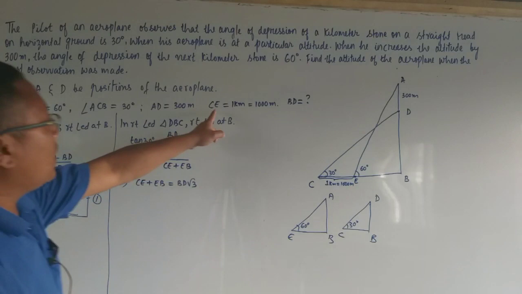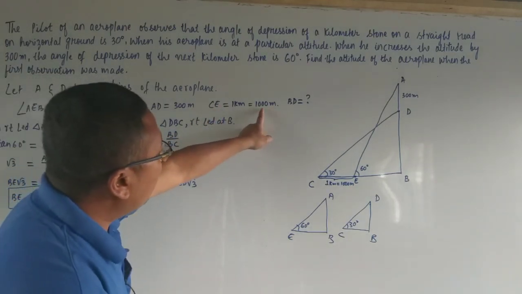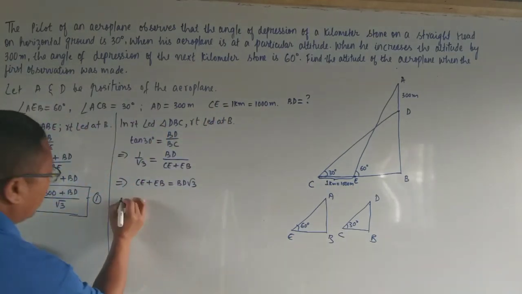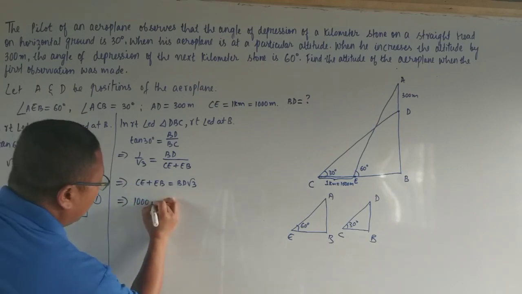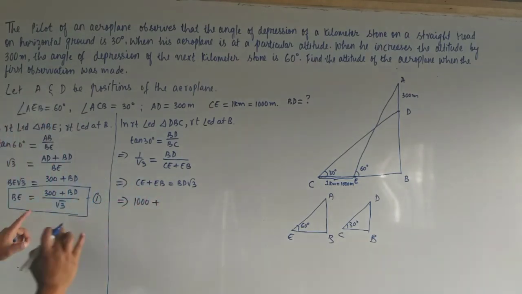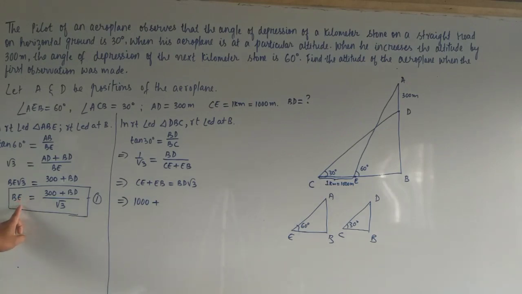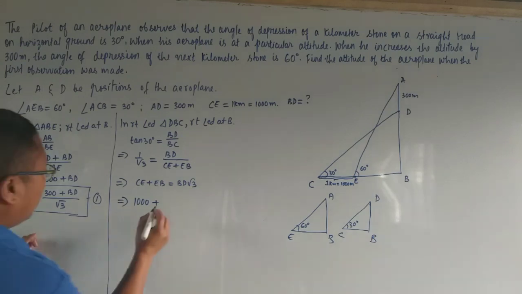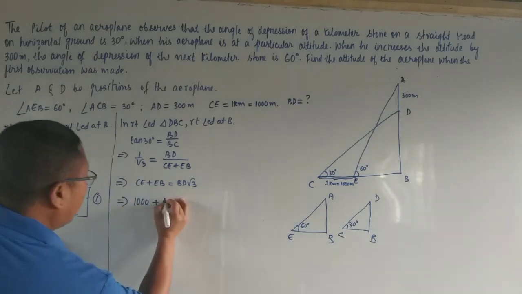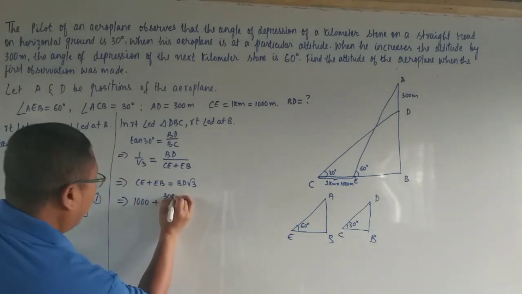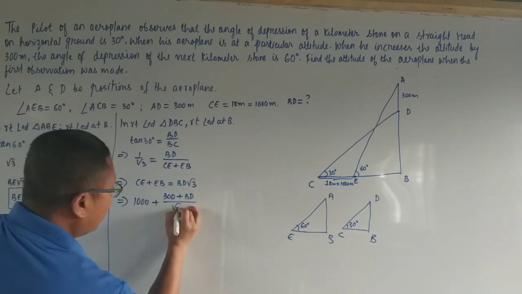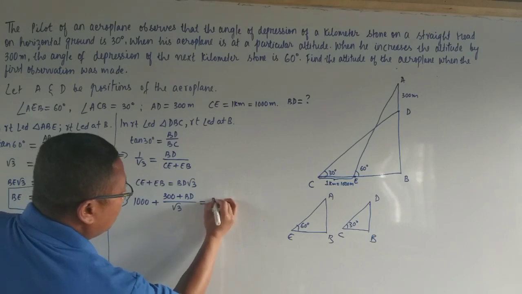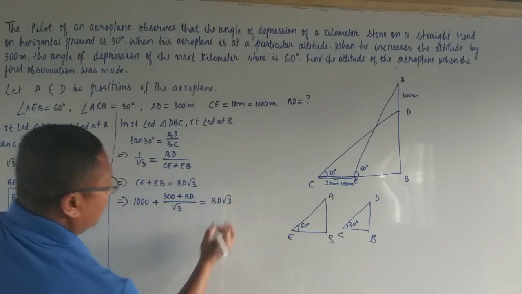So the value of CE, we have it as 1000 meters. So let's write 1000 plus EB. Now here we have BE. So this EB and BE should be same. So let's put the value from equation 1. 300 plus BD by √3 equal to BD √3.